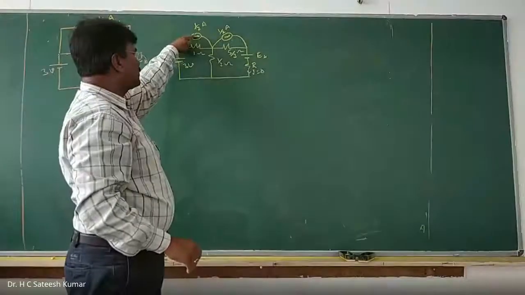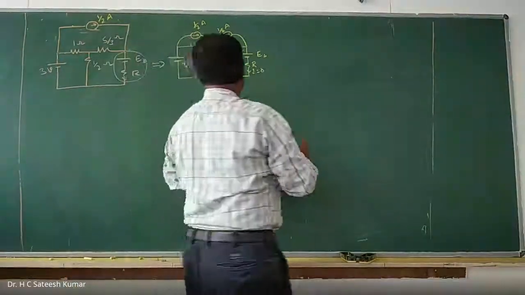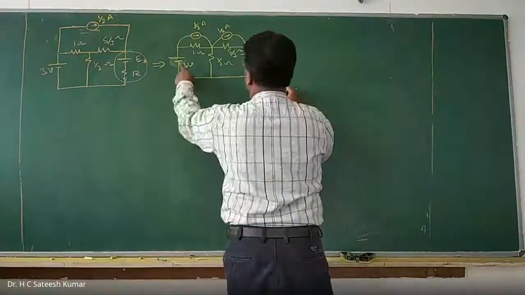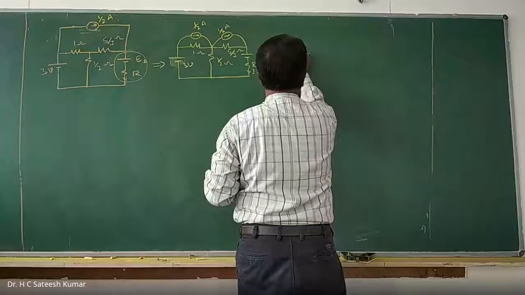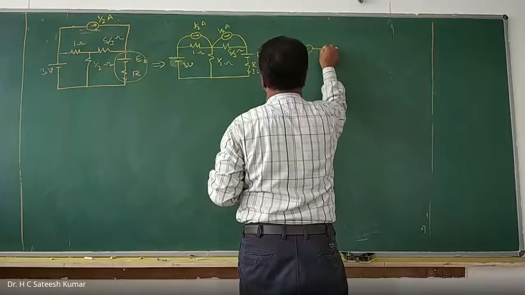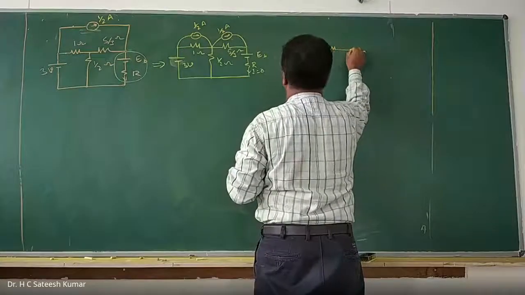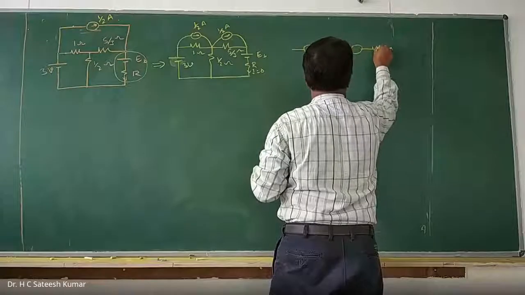Now, a current source in parallel with the resistance I can convert into a voltage source, so that I can simplify this. Current source in parallel with the resistance becomes a voltage source in series with the resistance.